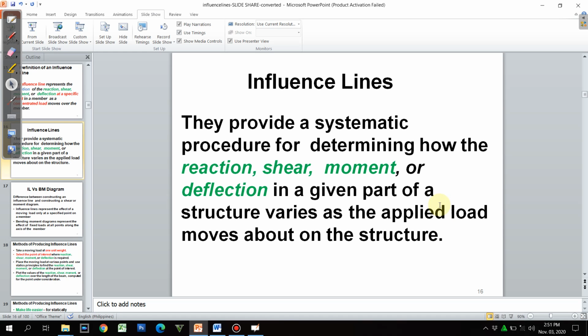They provide a systematic procedure for determining how the reaction, shear, moment, or deflection in a given part of a structure varies as the applied load moves about on the structure.